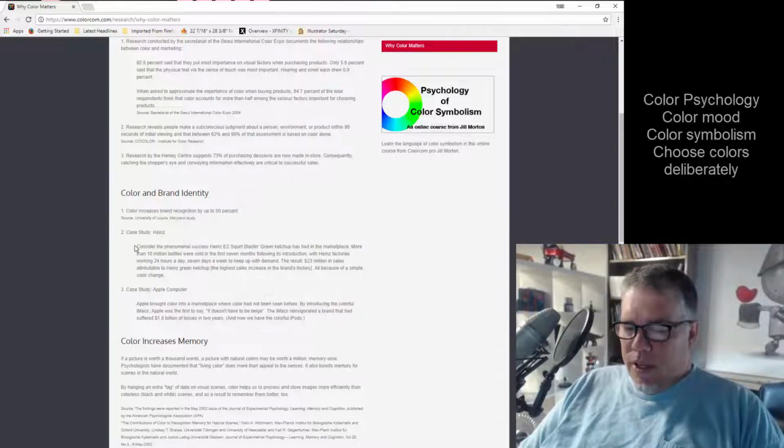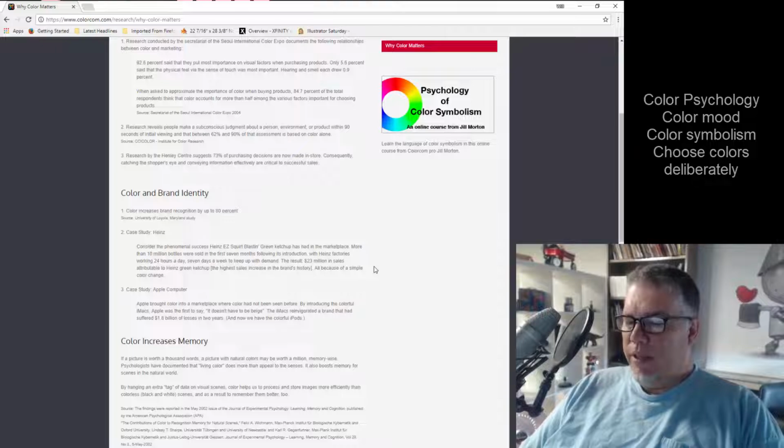Consider the phenomenal success Heinz Easy Squirt Blastin' Green ketchup has had in the marketplace. More than 10 million bottles were sold in the first 7 months following its introduction, with Heinz factories working 24 hours a day, 7 days a week to keep up with demand. The result: 23 million in sales attributable to Heinz Green Ketchup, the highest sales increase in the brand's history.